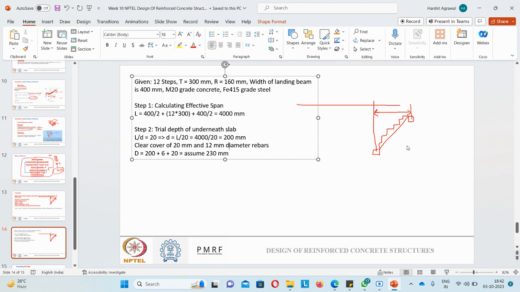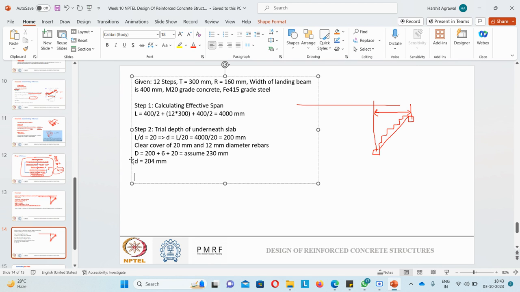Since my total depth is something that we design for, it should be a whole number. It would be inappropriate to design for 226. So generally we backtrack that thing. So I am providing 230 mm total depth. So my effective depth will become now 204. Small d will become 204 mm.